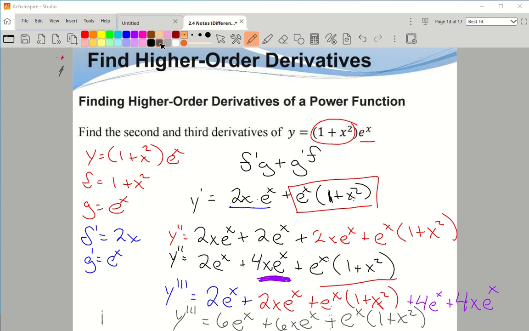So it's 2 times the derivative. So it's just 2 e to the x. Does that make sense or no? But I thought you had to take the derivative of the 2. No, this is times. So this is just multiplying. There's a constant right there times the derivative.